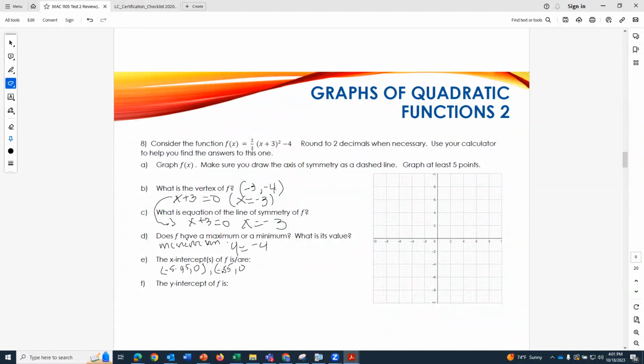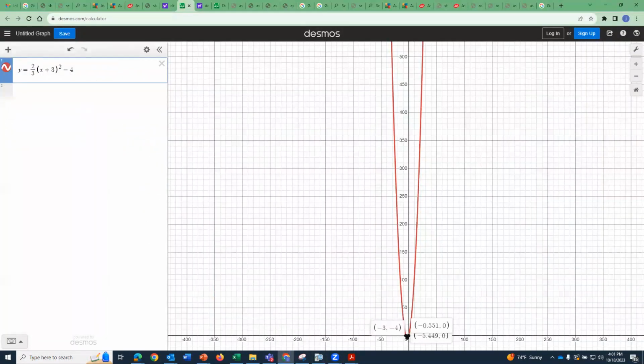Let's make sure this is what we have. Desmos, yes, both are negative because we are on the left side. There's a shifting to the left side on the graph of the function.